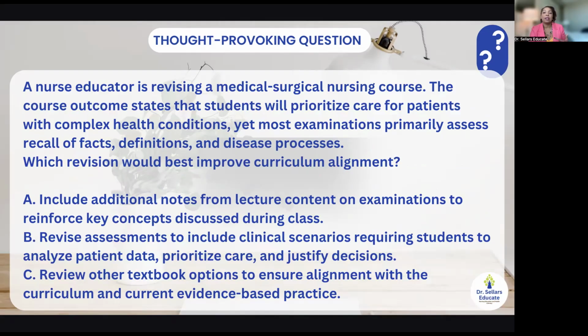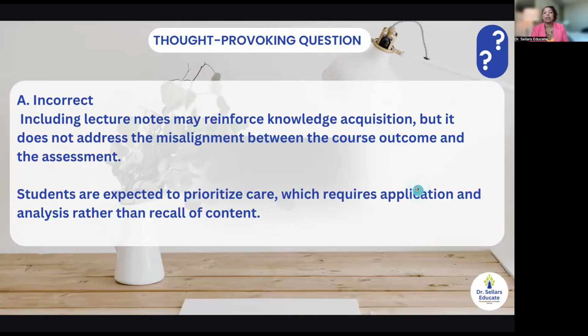So when we think about the ability to truly engage students on this application journey related to prioritizing care, which implies application and analysis, that's why B is going to be correct, right? Because we can see specific language, specific behaviors that we are going to take to ensure there's higher level learning going on with our students.